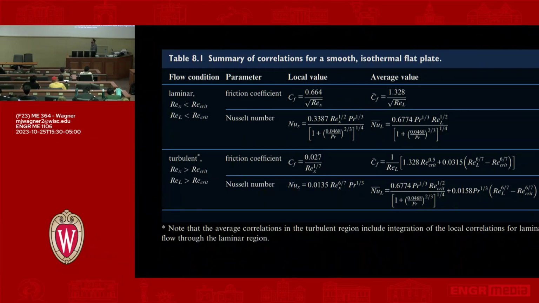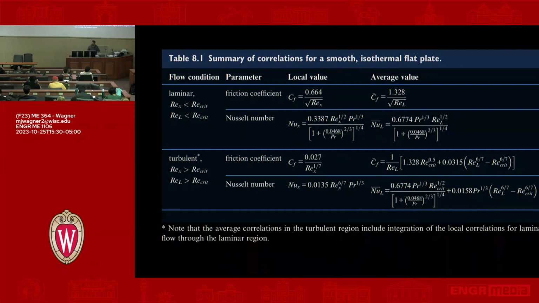So all these different situations come up, and you need to be very clear about what situation you're looking for. If it's external laminar flow and you want the local value, you'd be looking right here. So you have to drill in and find specifically the correlation that you want.